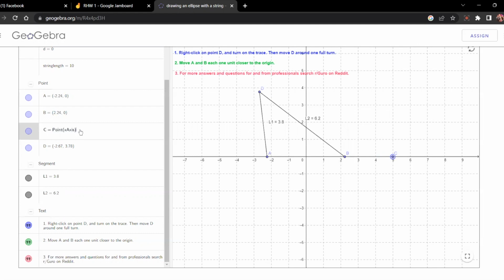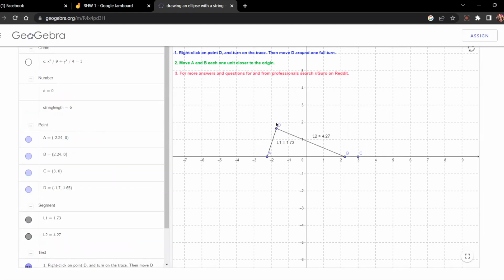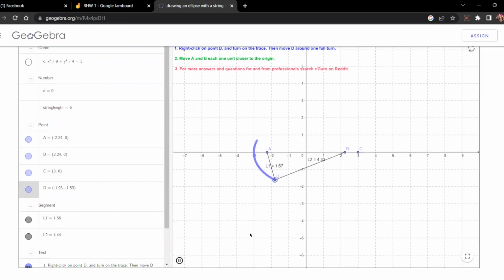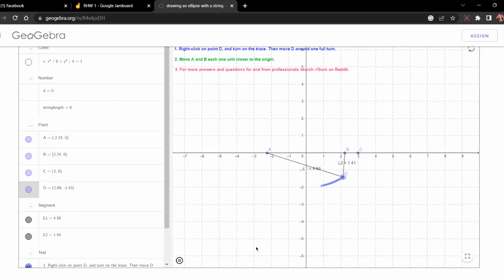Turn on trees. And then animation. Okay. So tumatama naman sa axis. Good po. Cool.